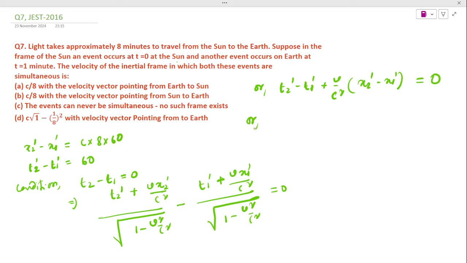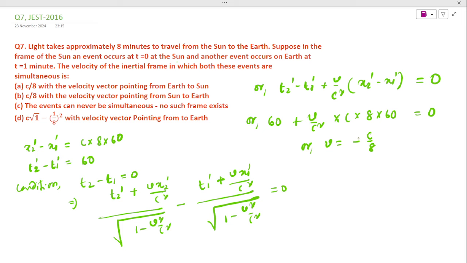So we just put the values, and afterward we get the value minus c by 8.